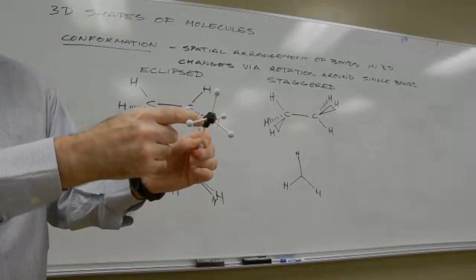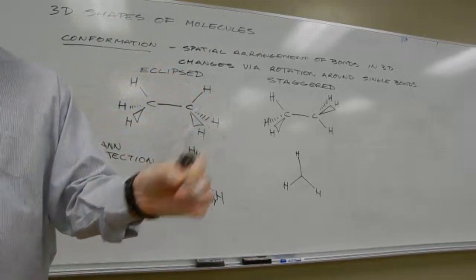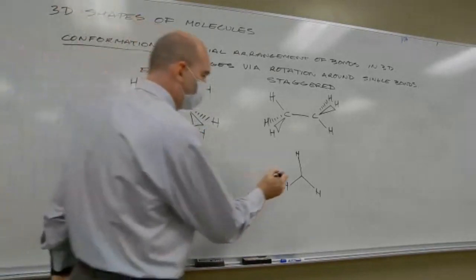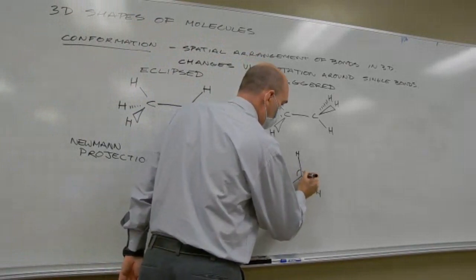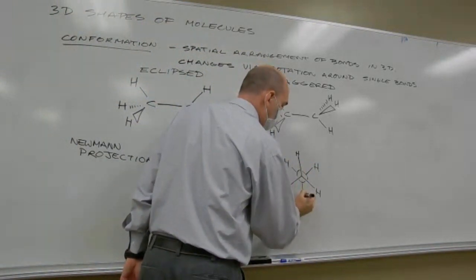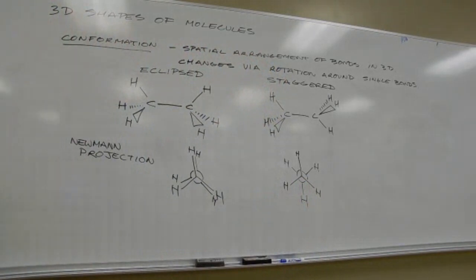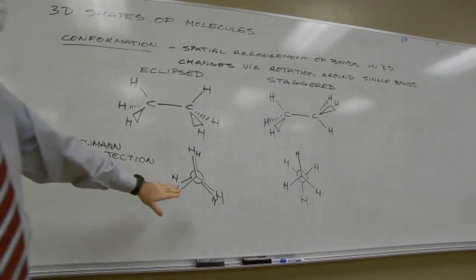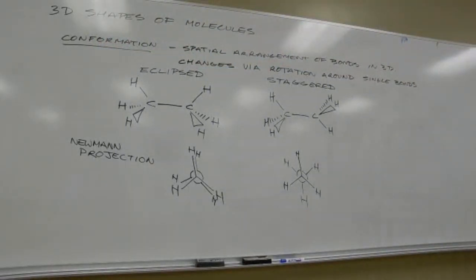I'm going to draw that as a circle, and then these bonds are going to go to that circle. This is an eclipsed Newman projection. This is a staggered Newman projection.